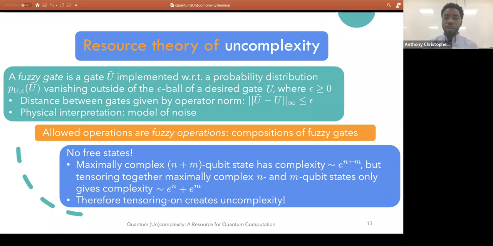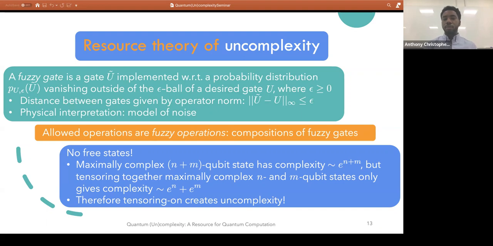But if I were to start off with a maximally complex n qubit state and a maximally complex m qubit state, and then tensor the two together, I would get a new n plus m qubit state that has complexity on the order of e to the n plus e to the m, which in general is less than the former complexity. So in that sense, if I were to allow tensoring on within my theory, then I would be able to create states with less than maximal complexity. And since that is true, I would be able to create uncomplexity from scratch.